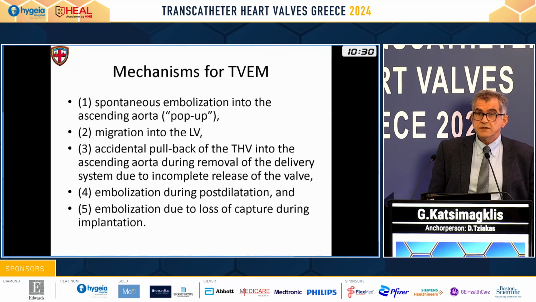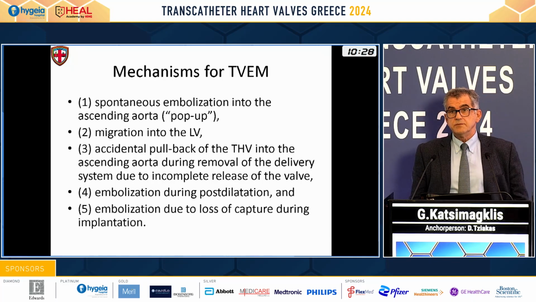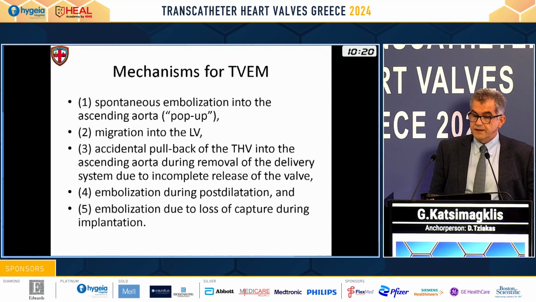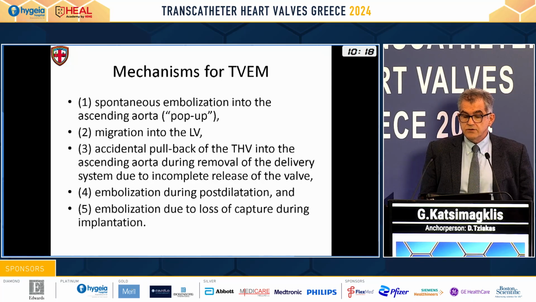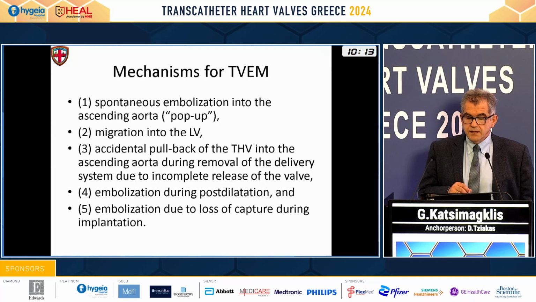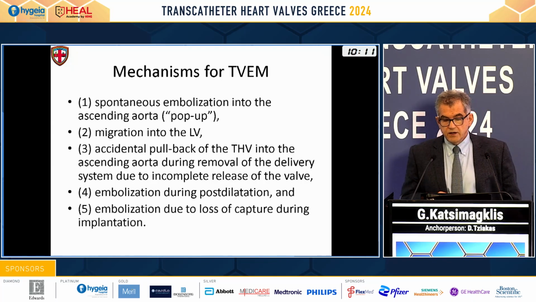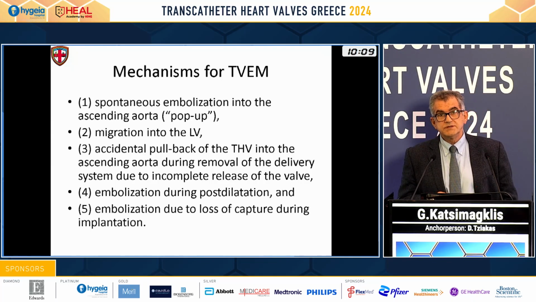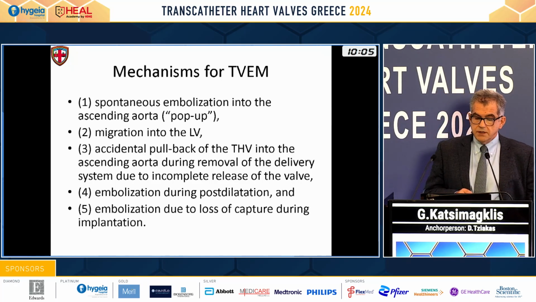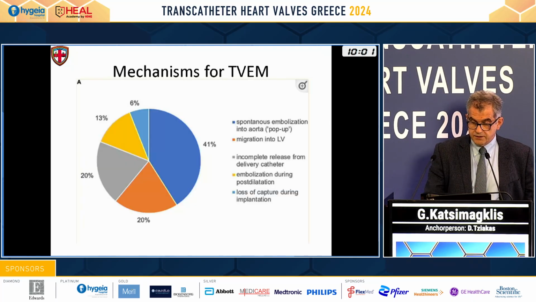The mechanisms are spontaneous embolization into the ascending aorta, migration into the left ventricle, accidental pullback of the TAVI valve into the ascending aorta during removal of the delivery system due to incomplete release of the valve, embolization during post-dilatation, and embolization due to loss of the capsule during the fast pacing period.